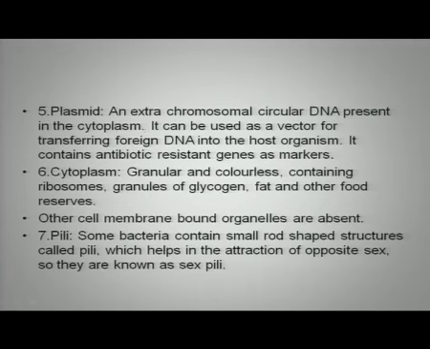It can be used as a vector for transferring foreign DNA into the host organism in recombinant DNA technology. It contains antibiotic resistance genes that can be used as markers for identifying the recombinants from non-recombinants.